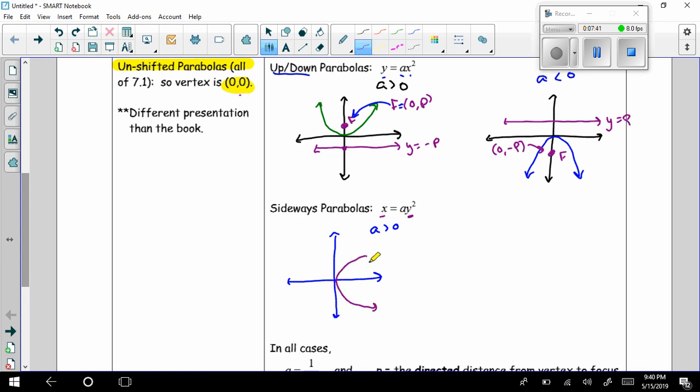Okay, this, again, isn't shifted any. But that means that our focus will be here at p, 0. So this time we're moving to the right. So our x goes to the positive direction. And our directrix, instead of y equals, will be x equals.